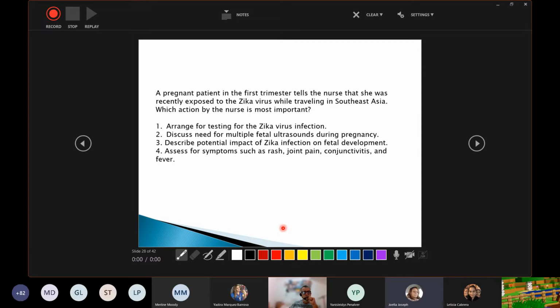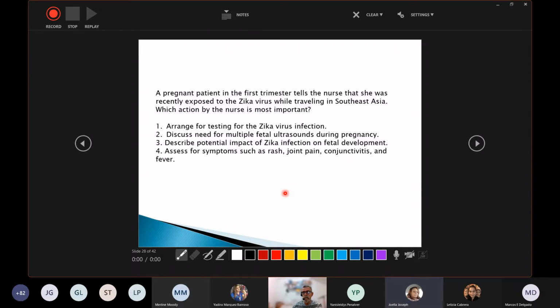The most important is to know if this exposure to Zika virus has produced disease in her, because Zika virus can produce severe fetal malformation that could even require interruption of the pregnancy in the first trimester. So the most important here is to know if the woman has Zika or not.